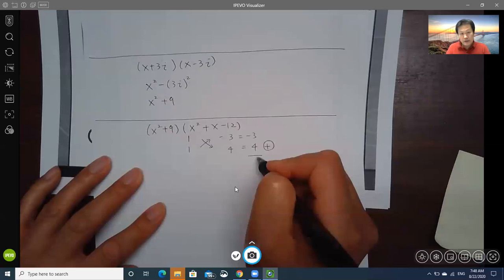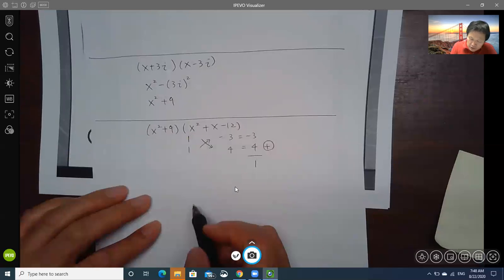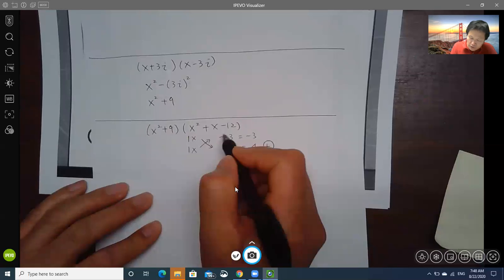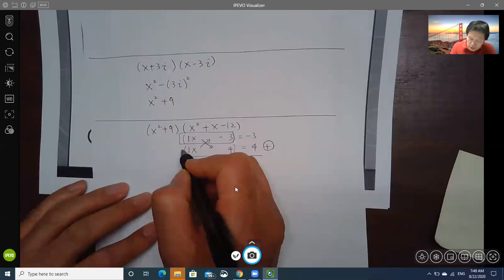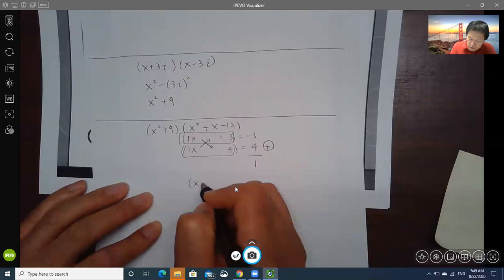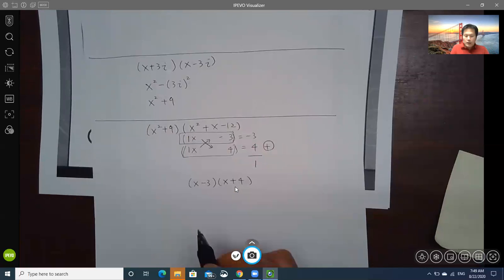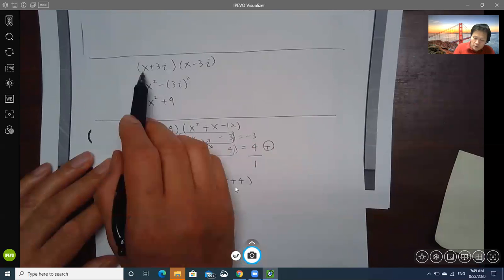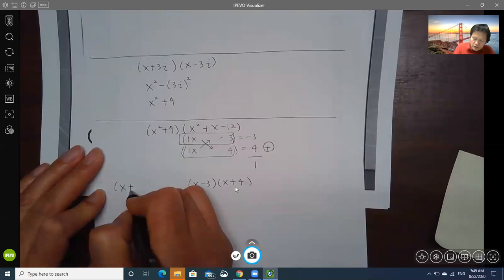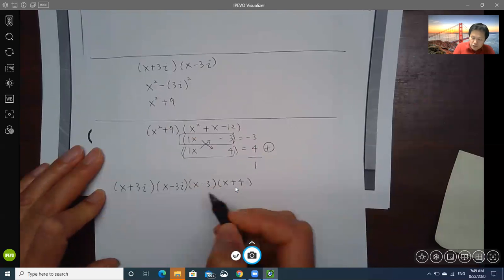So we found the combination. Put x here, top floor, bottom floor, parentheses. So we got x minus 3, x plus 4, and x squared plus 9, which came from there, so x plus 3i, x minus 3i. So linear factorization, we are done.